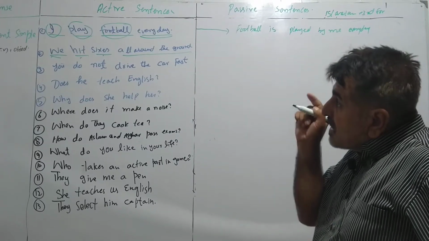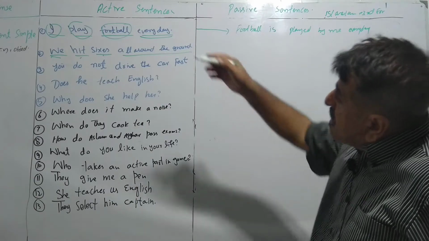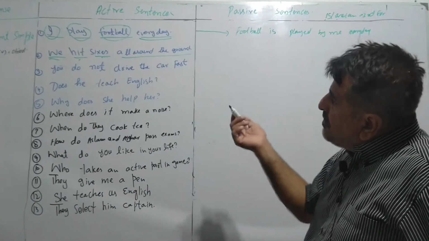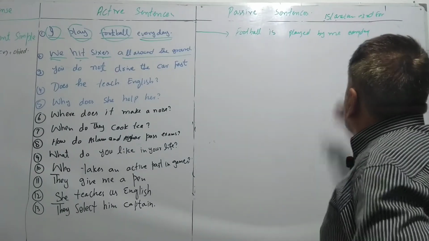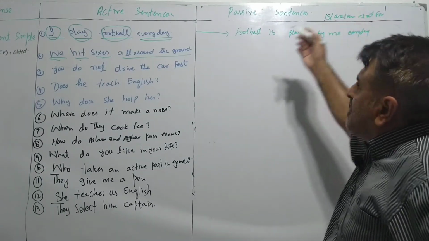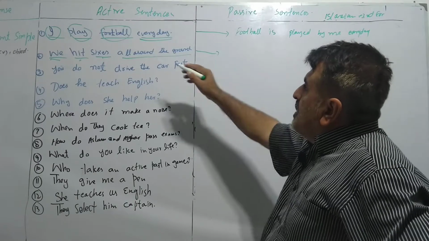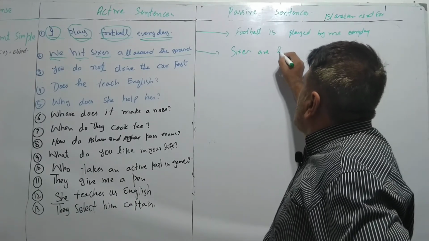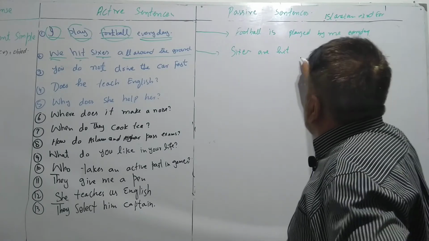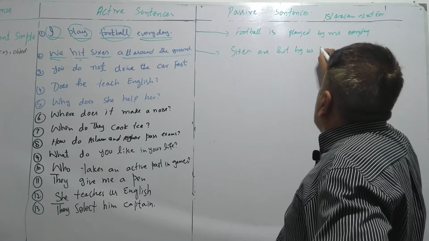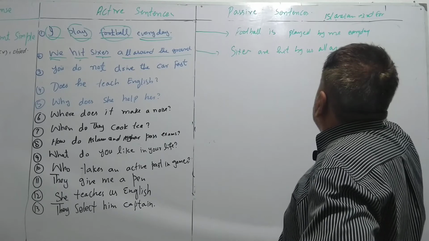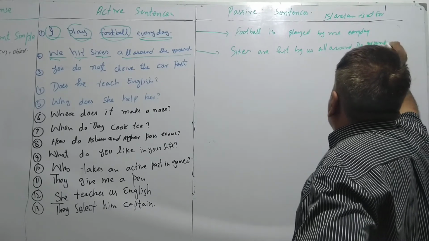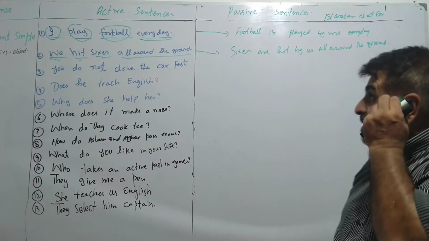For the verb, you should recognize which tense it is. Since all these sentences are present simple, the formula is is, am, or are plus the third form of the verb. So this is simple. Exercise is done, or third form of verb, hit by us all around the ground.